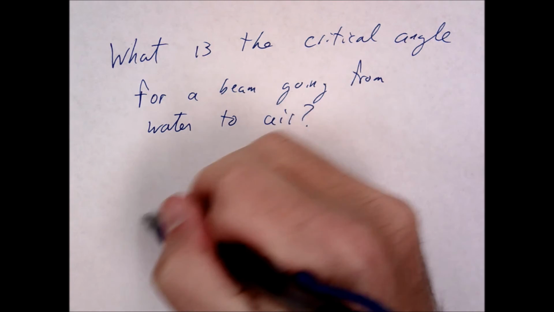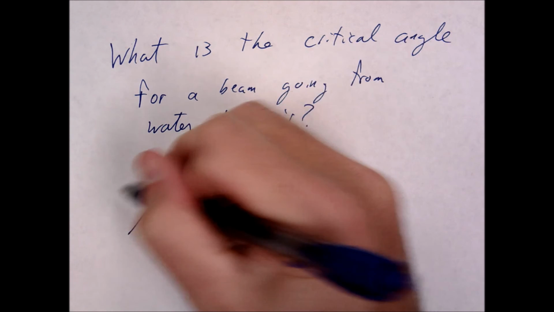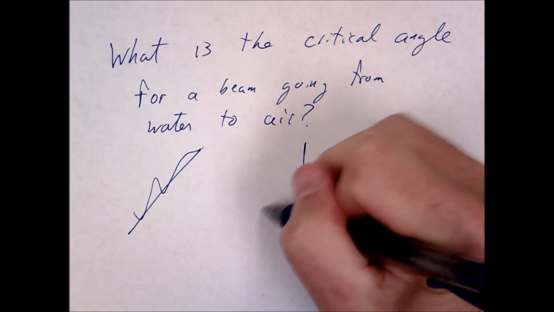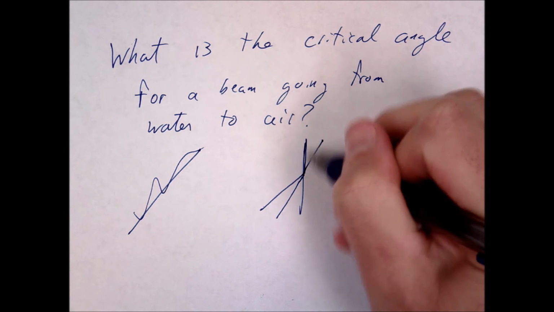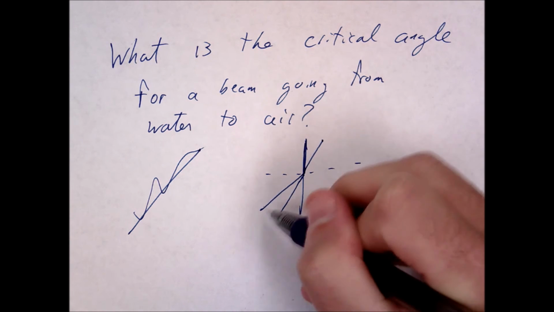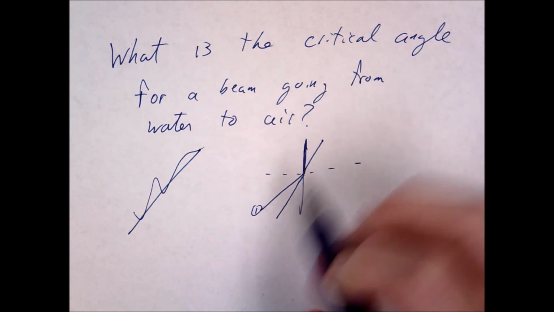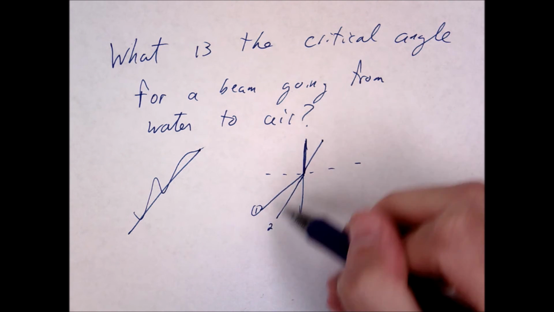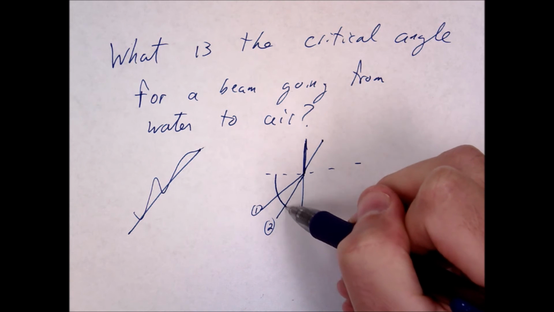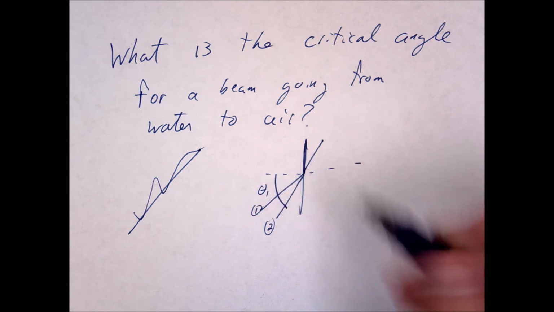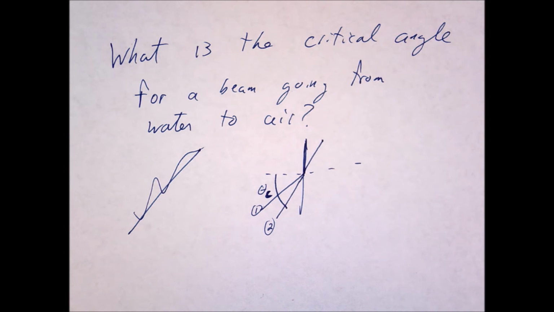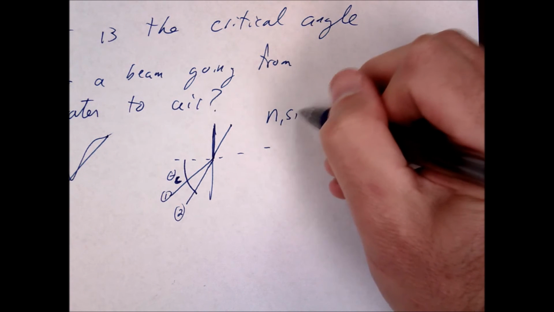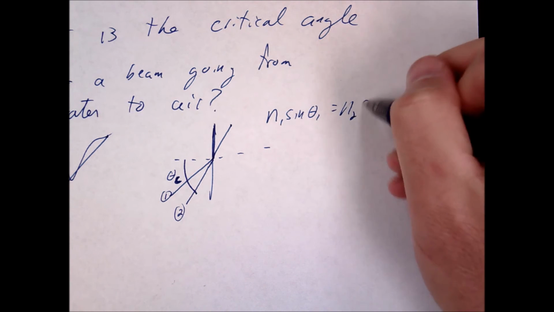So you just set up your equation the same. Right, so the first beam, if this is beam 1, it's going to refract. If this is beam 2, it's going to reflect when we reach 90 degrees. So we want to know what is that critical angle at which refraction hits 90 degrees. So we'll just use Snell's law: N1 sine theta 1 equals N2 sine theta 2.